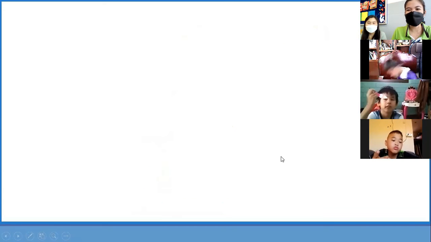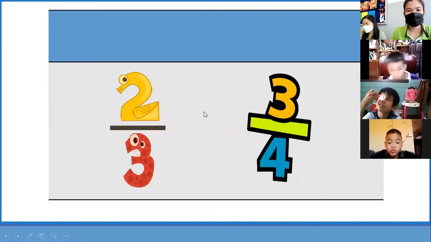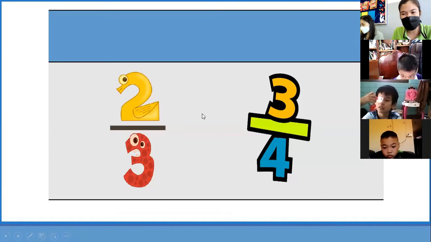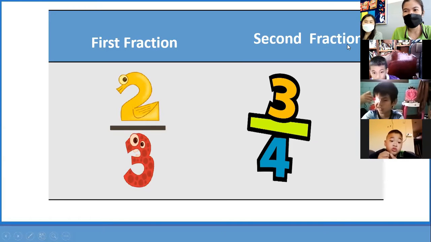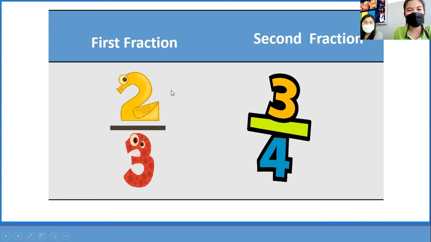Okay, so let us have another example. We have here two fractions, the first fraction and the second fraction. In the first fraction, what is our numerator? How do you read the first fraction? That is 2/3. That's right.